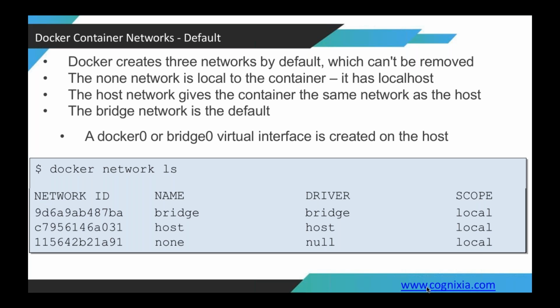It will show you output similar to this. Each network is assigned a network ID, a unique identifier, and a scope. By default the scope of each network is local, that is, it's only available for your local VMs.